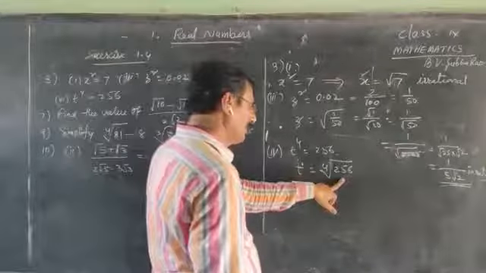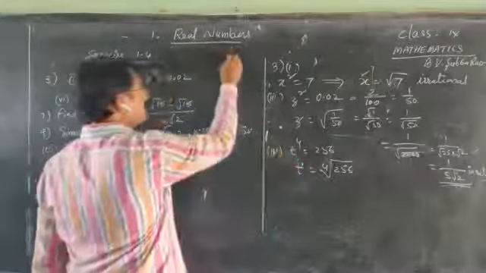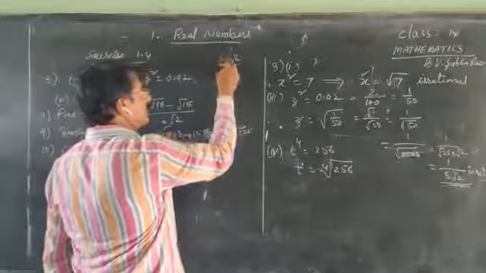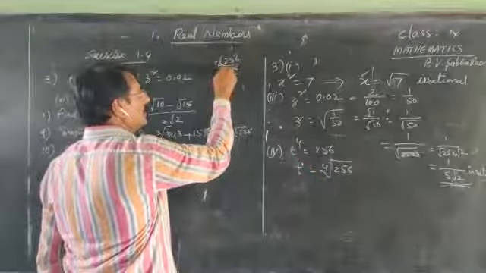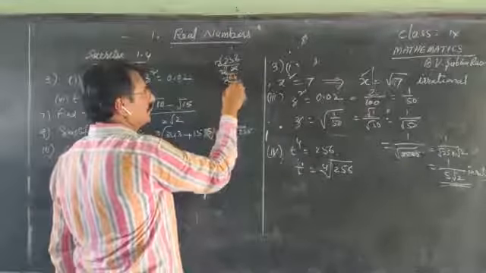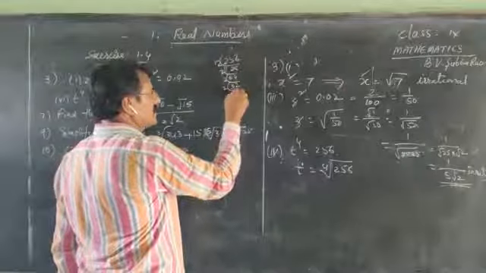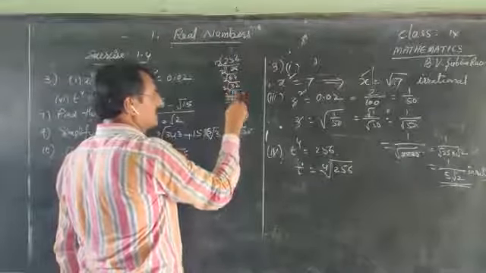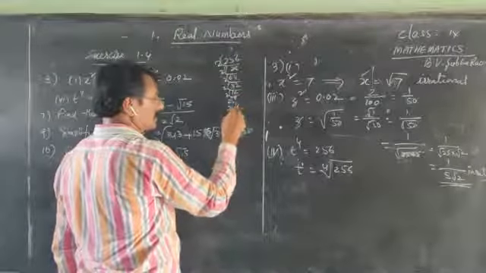We can write 256 as a product of primes. 256, 128, 64, 32, 16, 8, 4, 2.